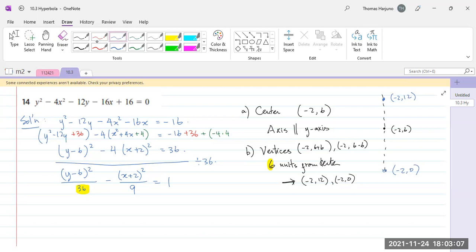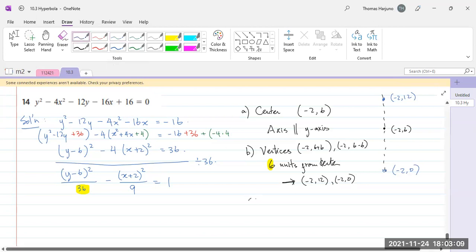How about the foci? C squared equals 36 plus 9, that's 45. So C equals square root of 45, which is square root of 9 times 5, that's 3 square root of 5.